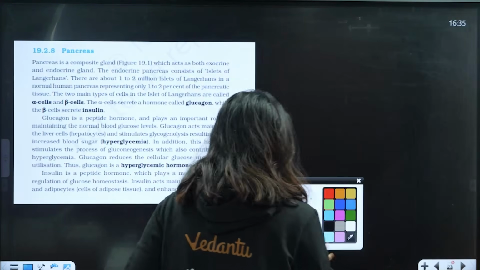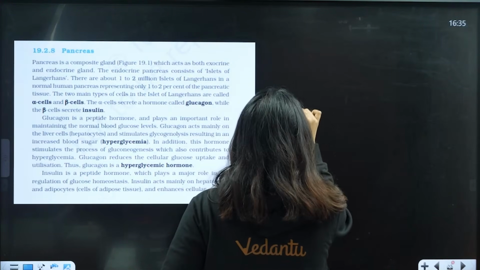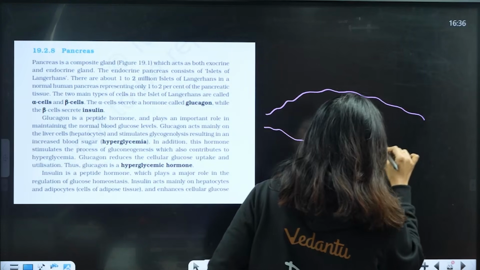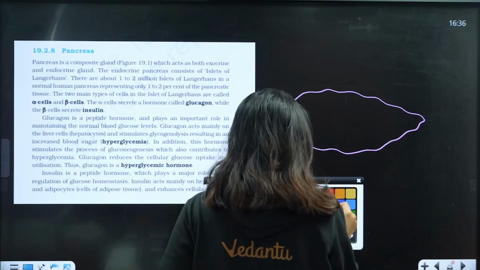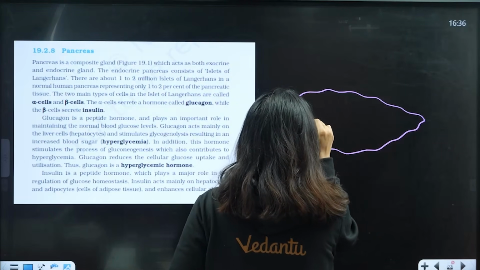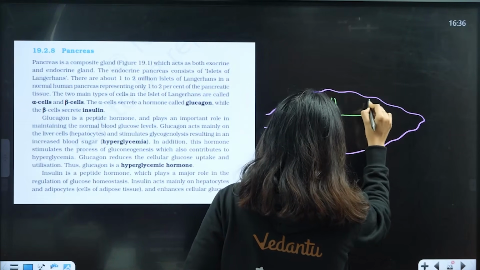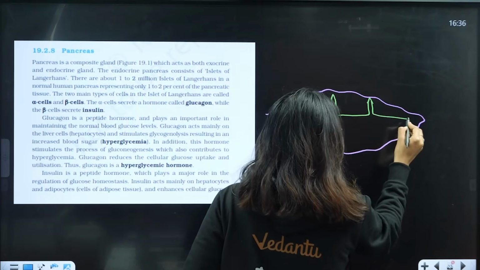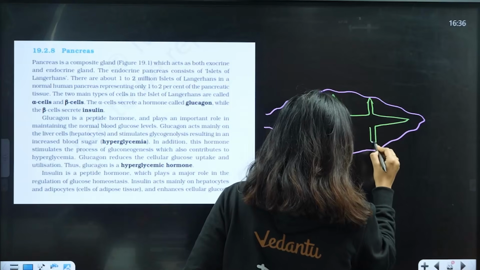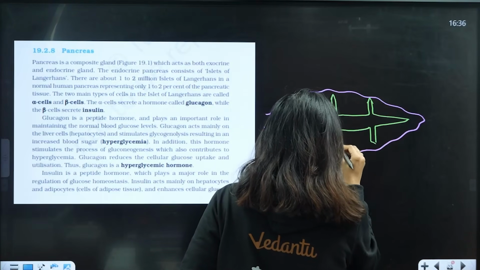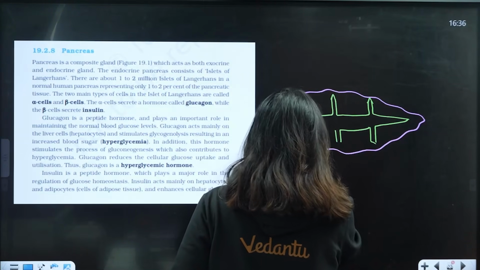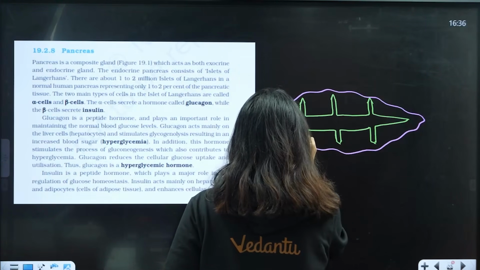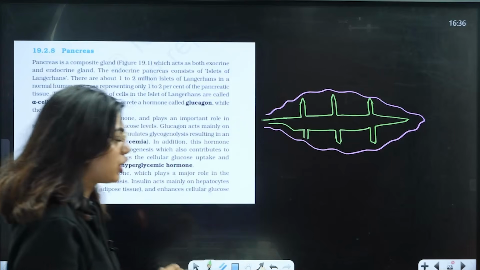Next is going to be the pancreas, students. I have drawn and shown you the pancreas in your animal tissues as well. Yes, ma'am, you have already shown us. Like this I had drawn and shown you last time.